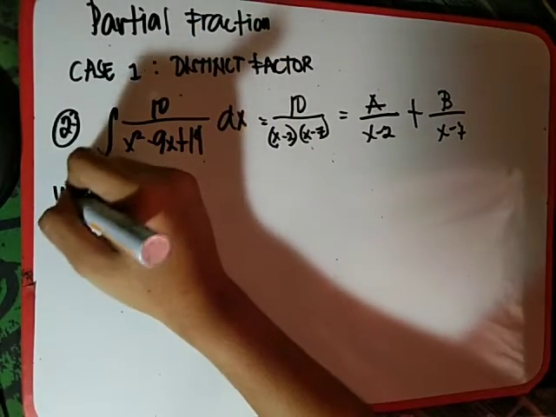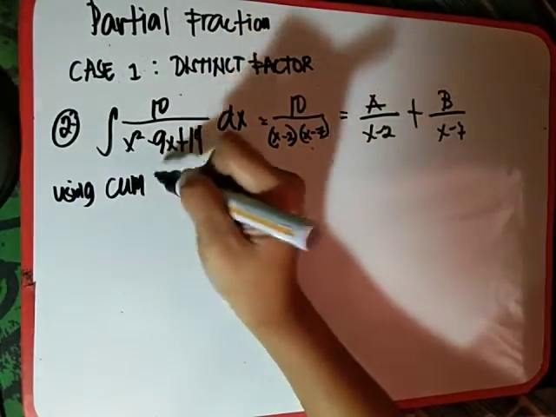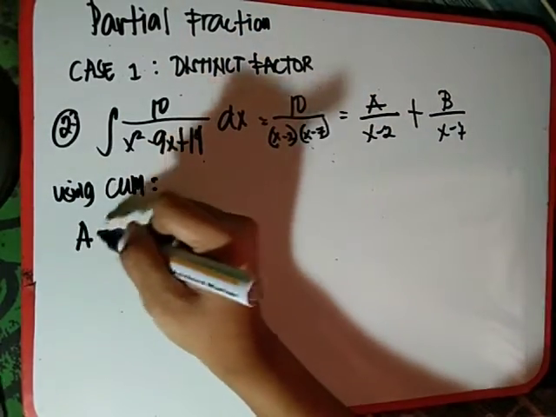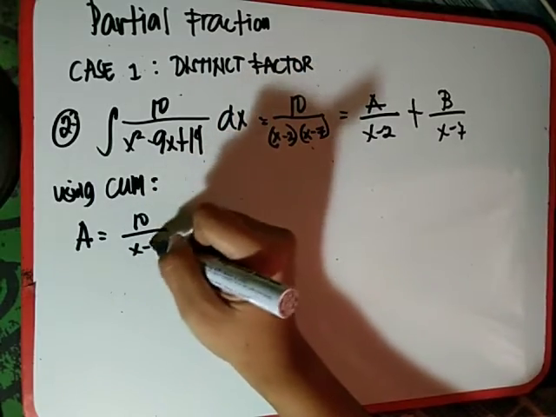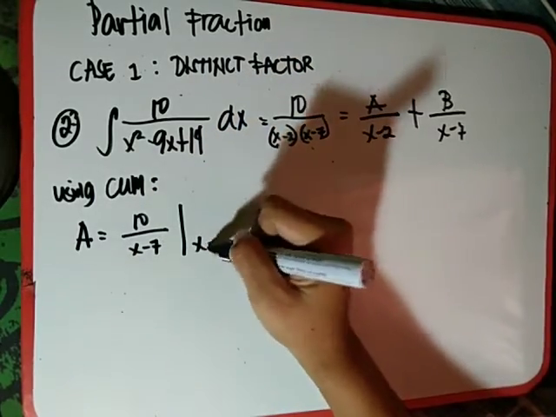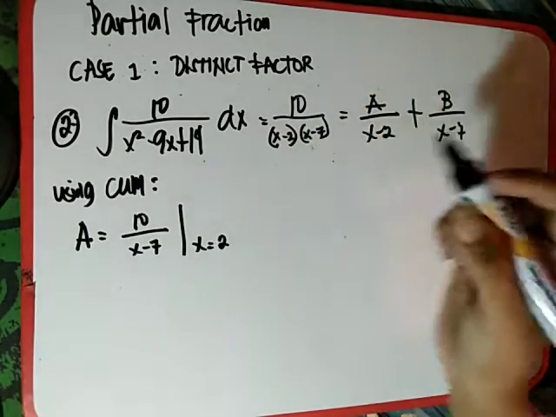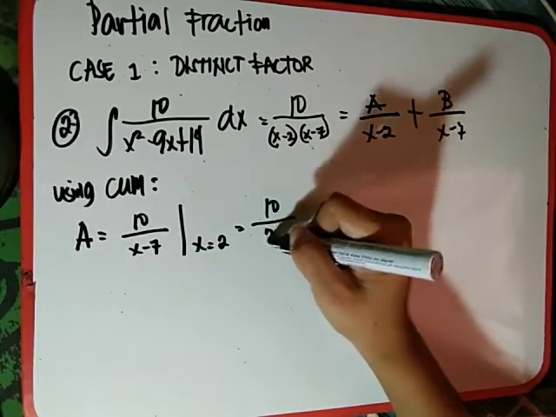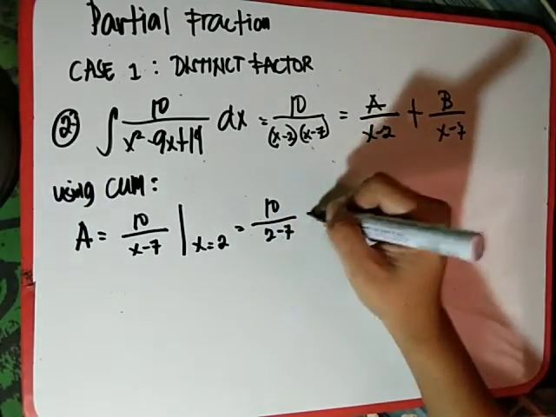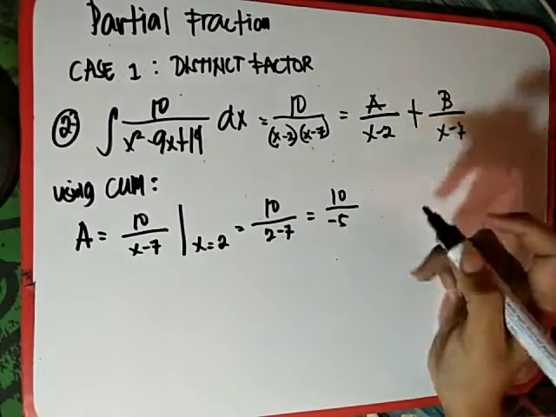So using the cover up method, we have a is equal to 10 over x minus 7. x is equal to, we have to eliminate negative 2, so we will add positive 2. So we have 10 over 2 minus 7 is equal to 10 over negative 5.